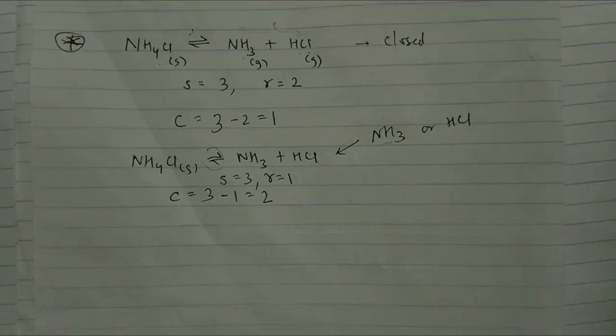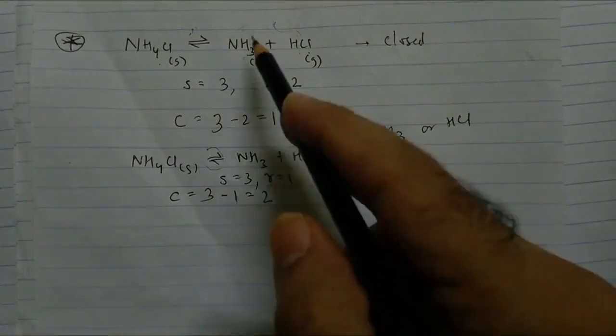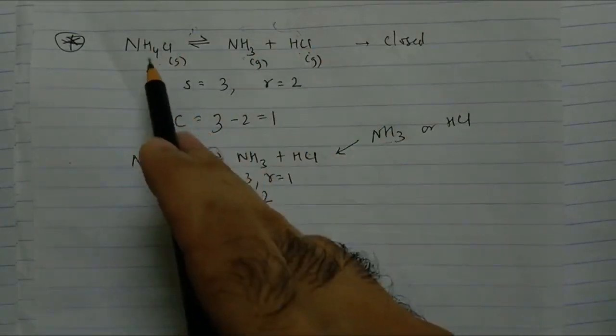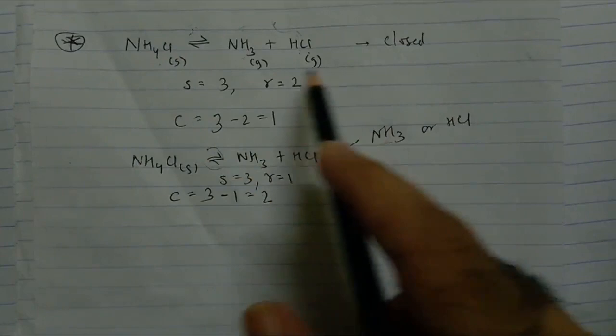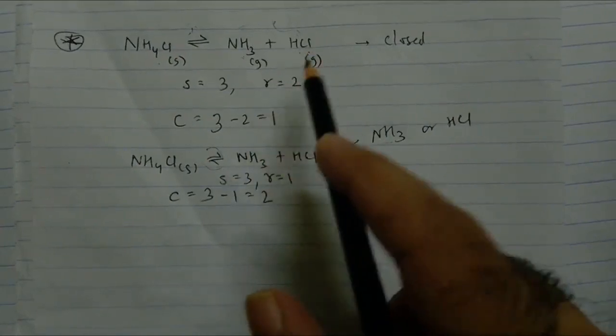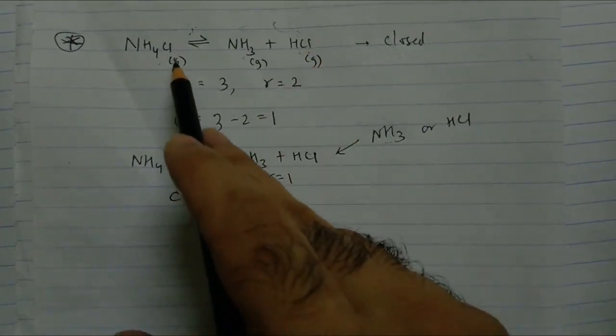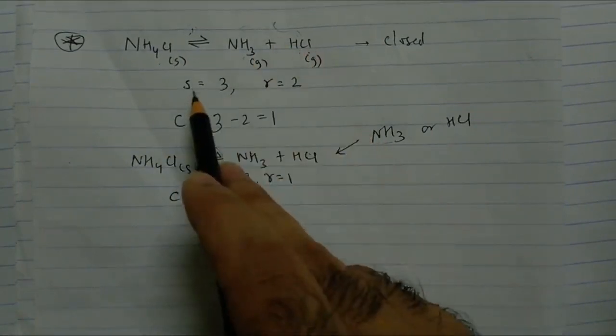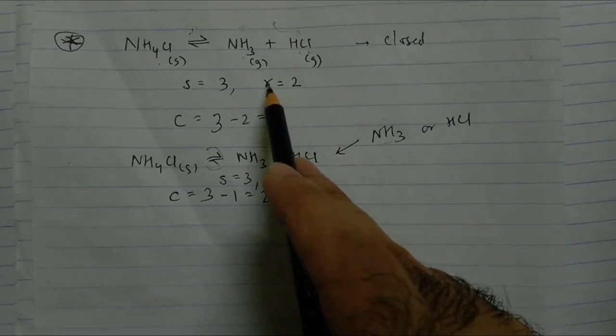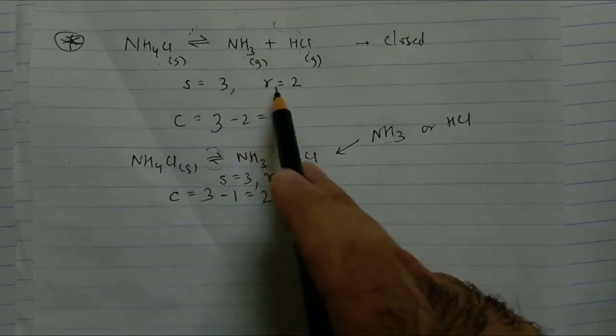Now consider NH4Cl. NH4Cl is decomposing to ammonia gas and HCl gas. Now again here there are 2 phases, one gas phase and another solid phase. Now this is in a closed system. Remember, none of the products or reactants are allowed to escape. So here the number of species is 3, that is one solid, and NH3 and HCl. The number of relations between them is 2. How?